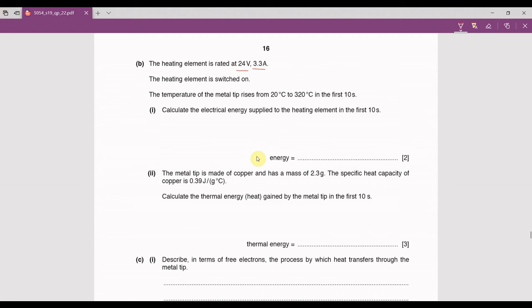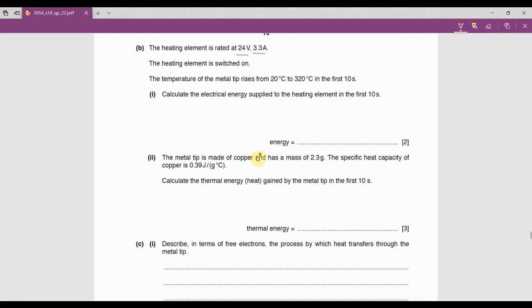For a resistor, they will give you the resistance. For a lamp or heating element like this, they will sometimes give you the power rating in watts, or sometimes they will give you the voltage at which it's going to work and the current. And even if you look at any electrical appliances around your house, you're always going to see these two things, one or the other, or the watts on the appliance.